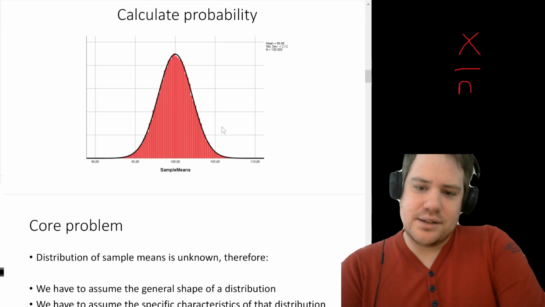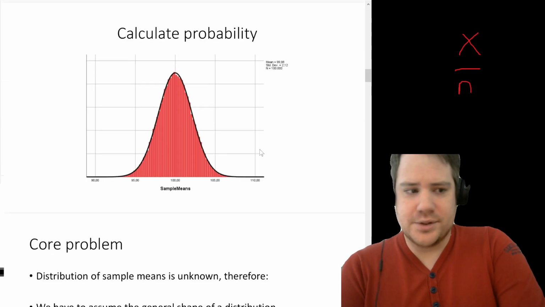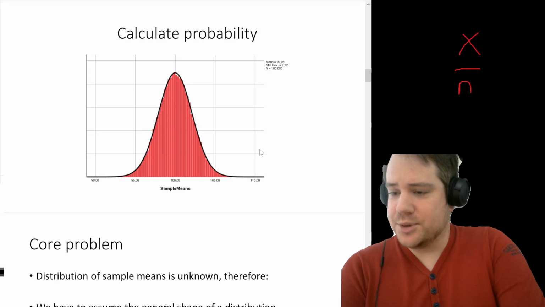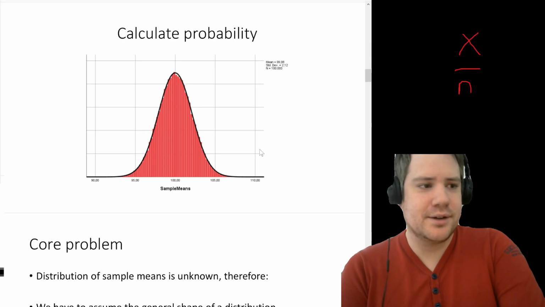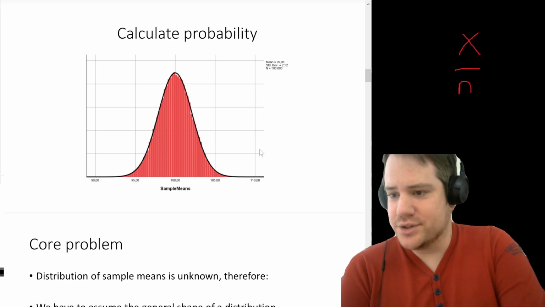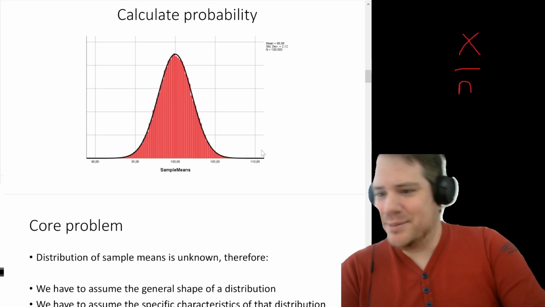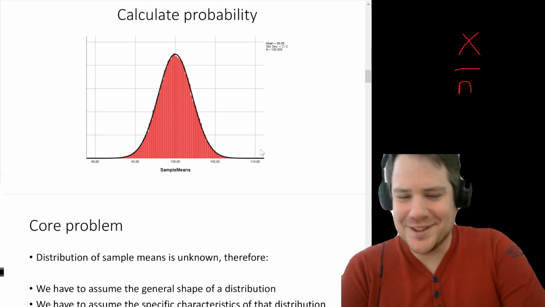So we need to know if it's normal, or uniform, or logarithmic, or even a different kind of distribution, exponential, whatever, or binomial for that matter, which we actually learned.